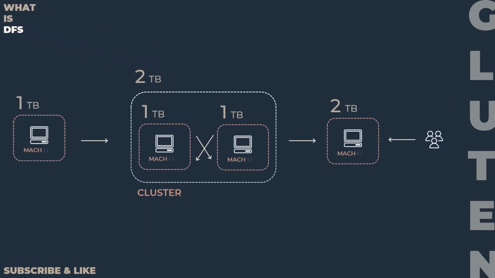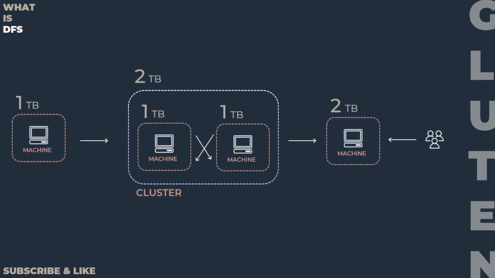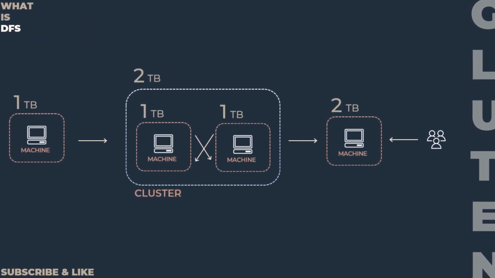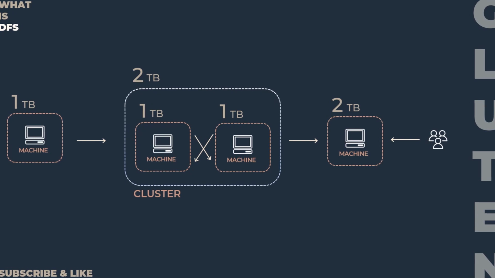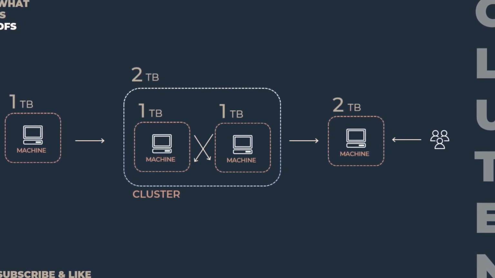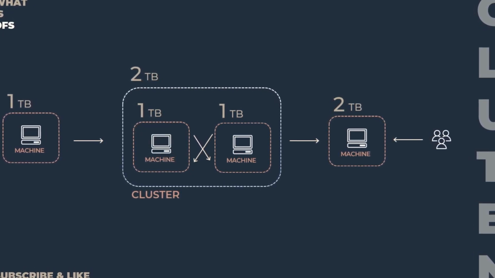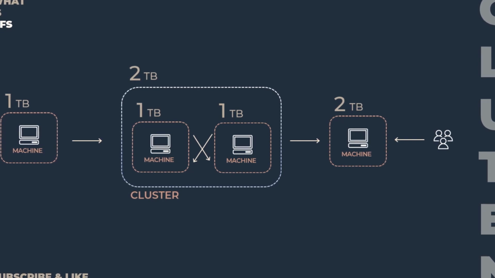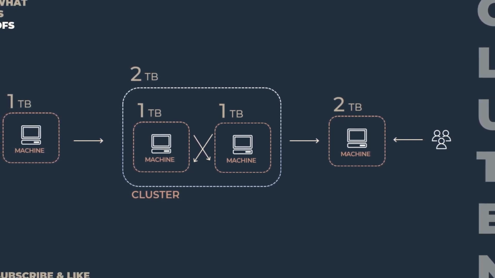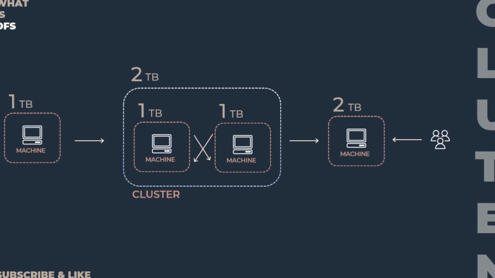Even though data is stored in multiple machines, the DFS will organize and manage the data like just one single local storage unit when you are accessing from anywhere. For example, two machines with 1 GB storage in the DFS cluster can act like a 2 GB storage unit.